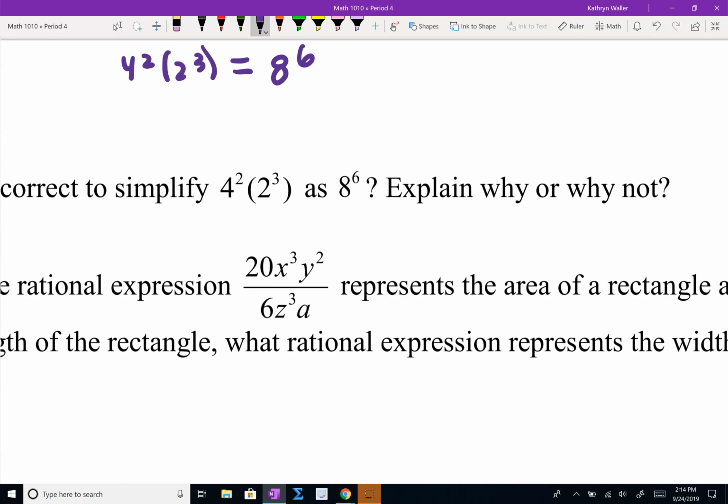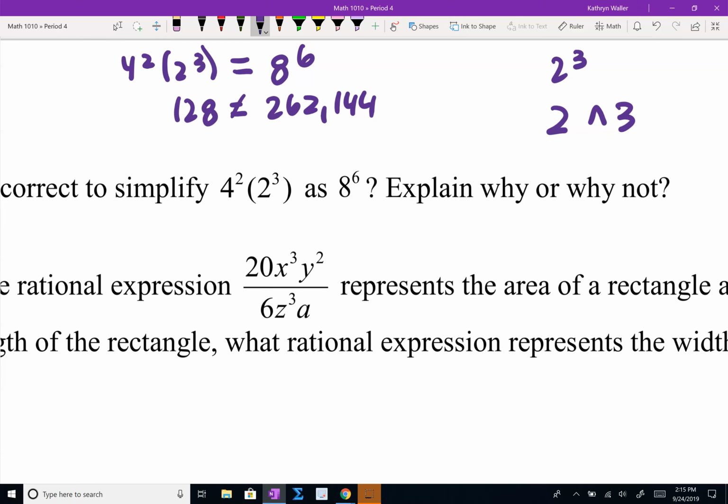Now the way to go 2 to the third, I know you guys know it's 2, and then you use that caret button, and then it's a 3. So go 2 to the third, close it, enter, and I get 128. So the left side is 128, and then hit 8, the caret button, 6, enter, and it's 262,144. So then that doesn't make sense.